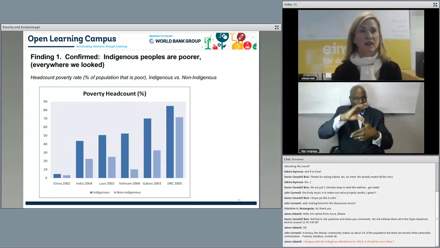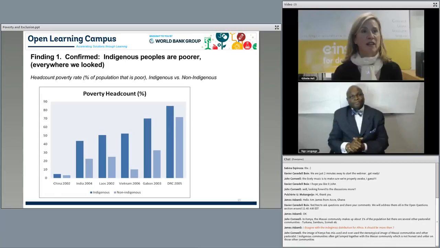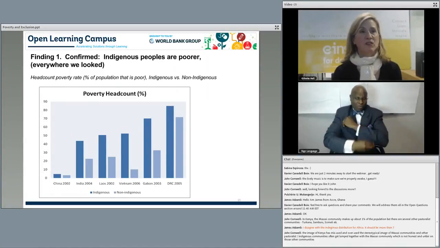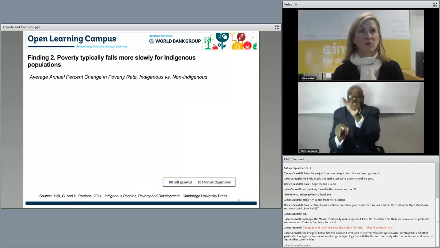In every single country where we look, indigenous are poorer. If you look at this chart, just very quickly to lay it out for you, the poverty headcount, or the percent of people that are poor, the dark blue bar represents indigenous in a given country, and the light blue bar is non-indigenous. So everywhere we find them to be poorer.